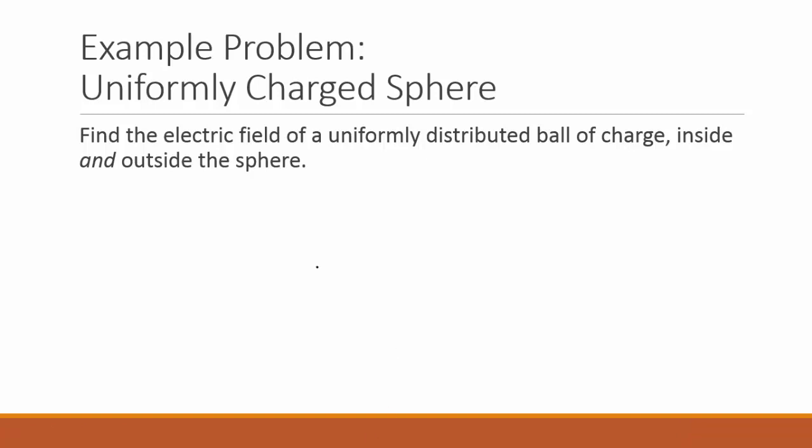In this case, we have a sphere that has charge evenly distributed everywhere in it. And I'm going to imagine a Gaussian sphere. So the sphere that's black is the actual physical sphere.